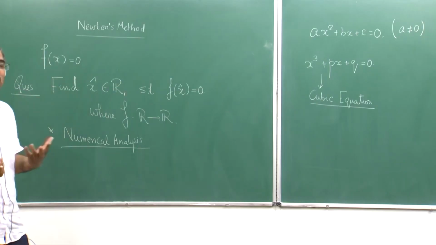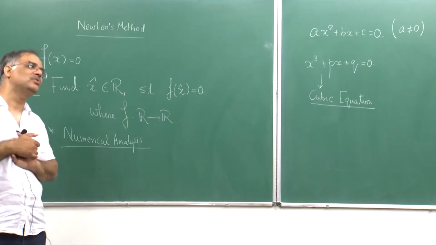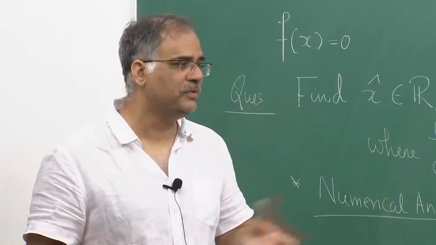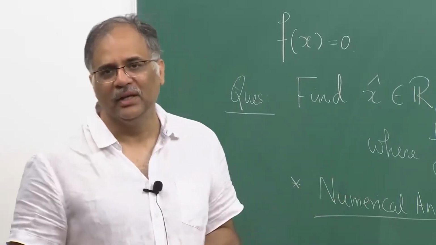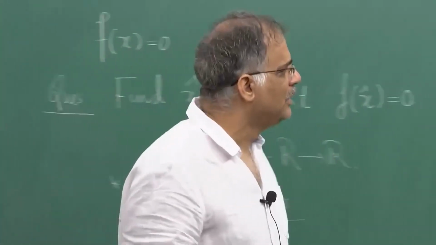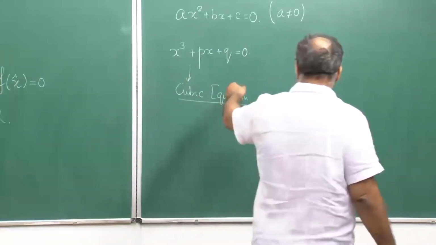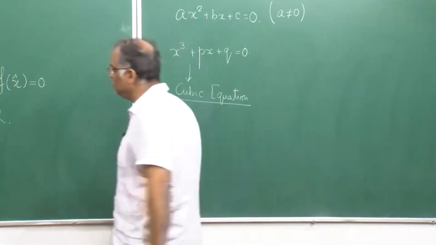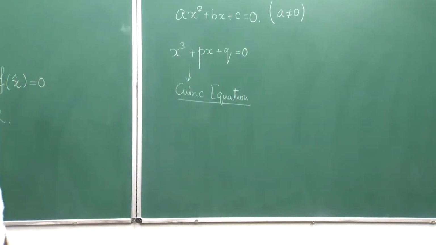Usually we say there was a desire to solve an equation of the form x square equal to minus 1. Of course, everybody knows if I put a real number x and square it, it cannot be a negative number. So, it came while trying to solve this. There is a famous solution called Cardano's solution or Tartaglia's solution. Italians are pretty good in all these things, by the way.